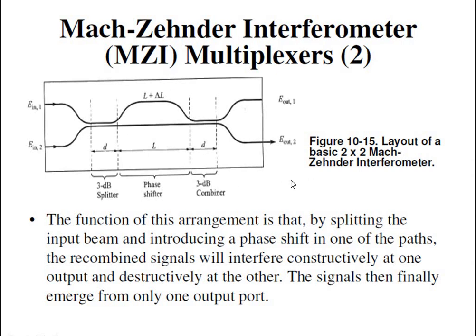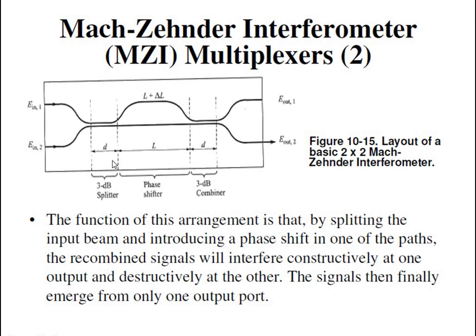This figure shows a 2x2 Mach-Zehnder interferometer, that is 2 inputs, 2 outputs, which you can notice here. This 2 into 2 MZI consists of 3 stages.